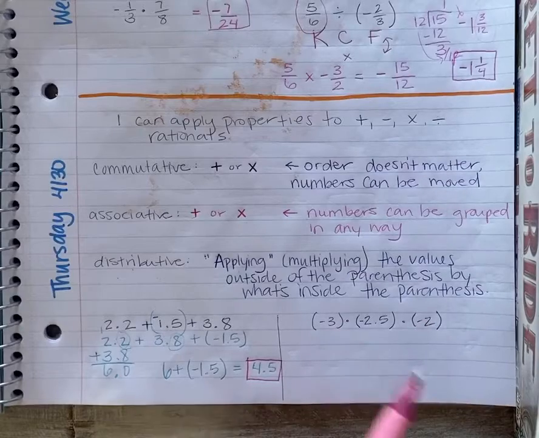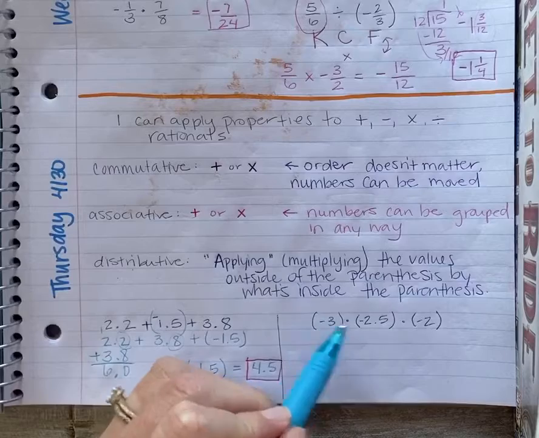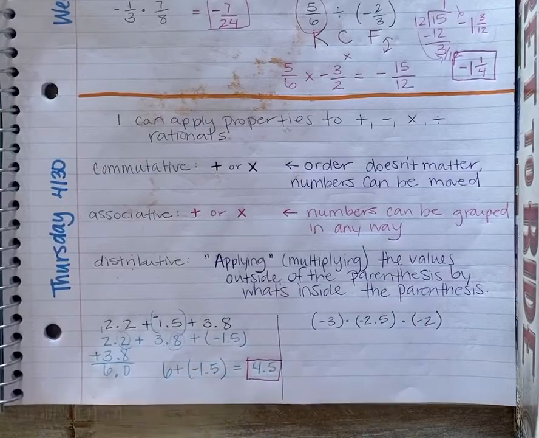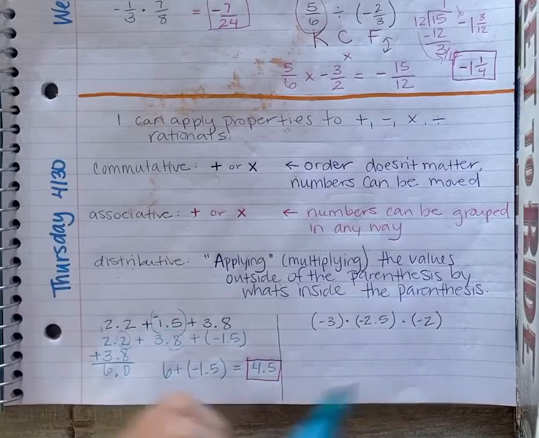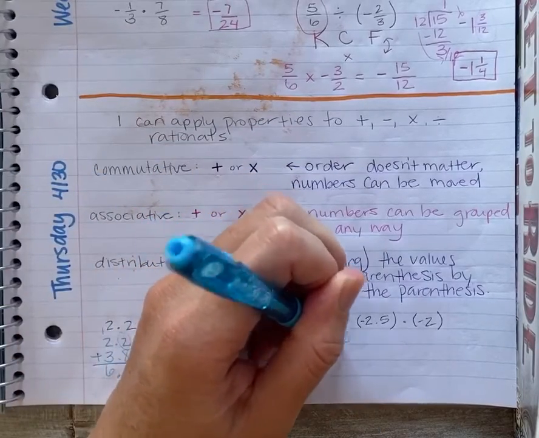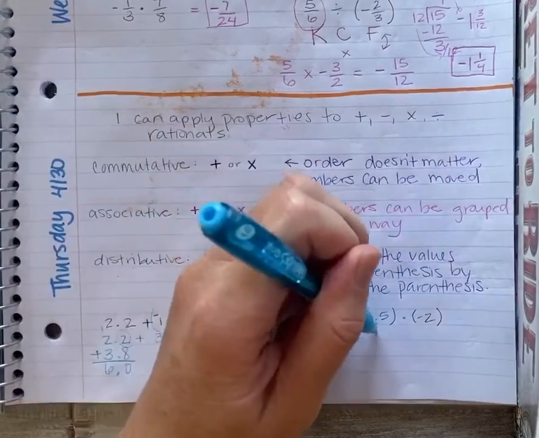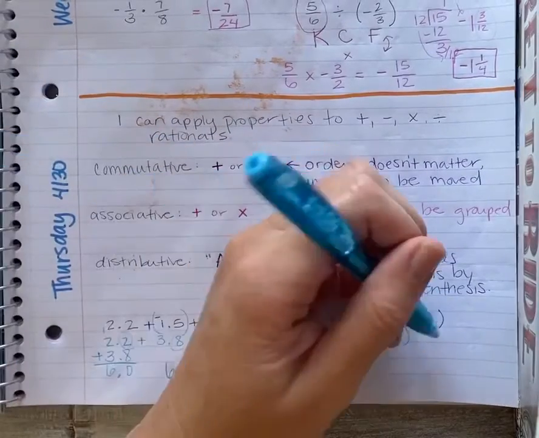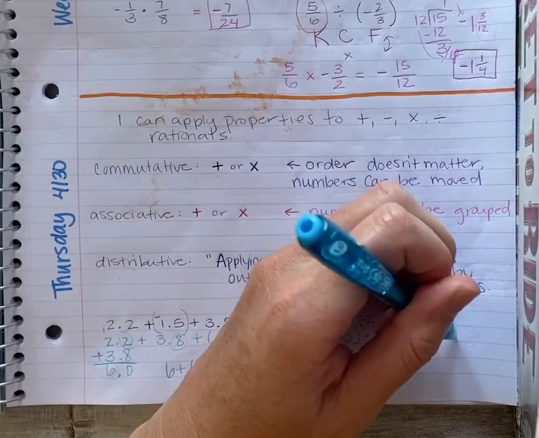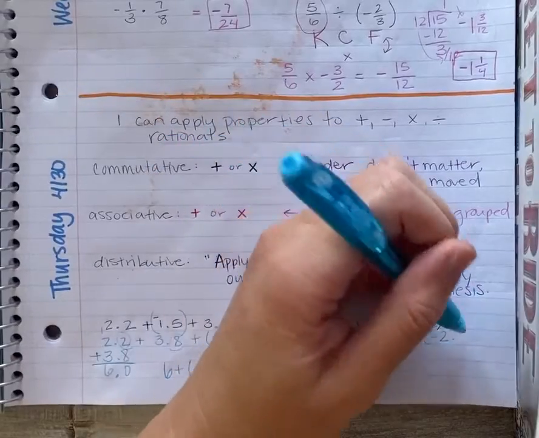Now, in looking at how I'd want to rewrite this problem, I would probably put these whole numbers next to each other because that's mental math. I can do that in my head. I don't need a calculator. So I would move the -3 next to the -2 and then times the -2.5.